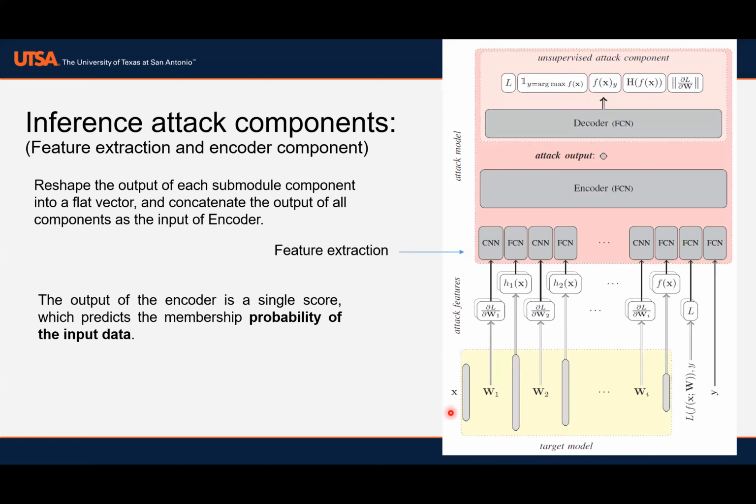So how do you do that? In the process of fine tuning, you can get, for example, a list of gradients, and you can use the gradients to train your attack model.